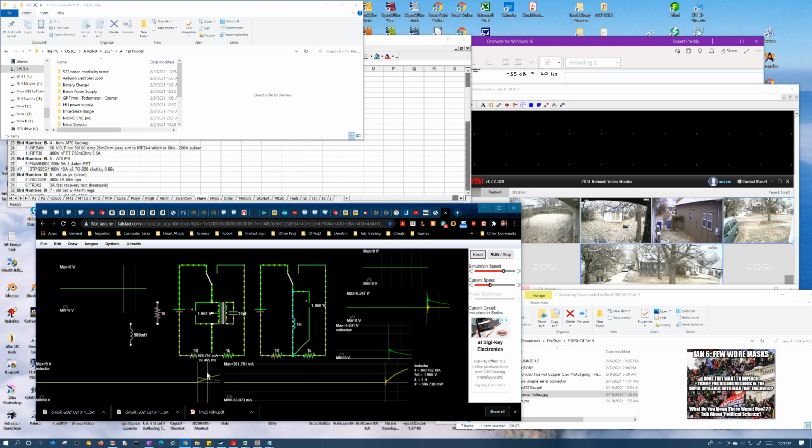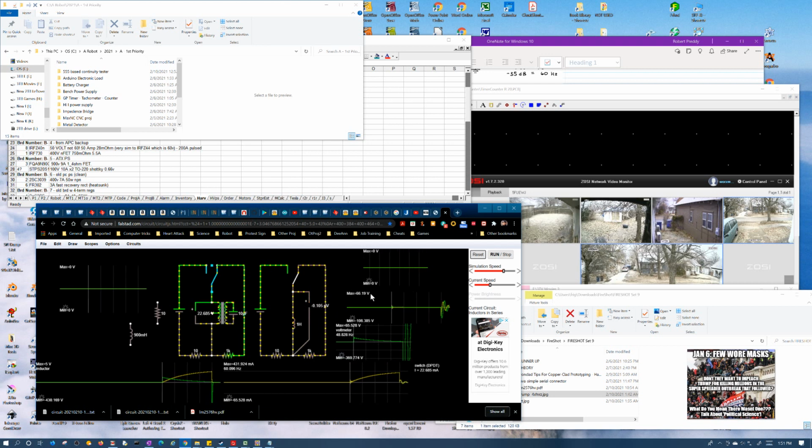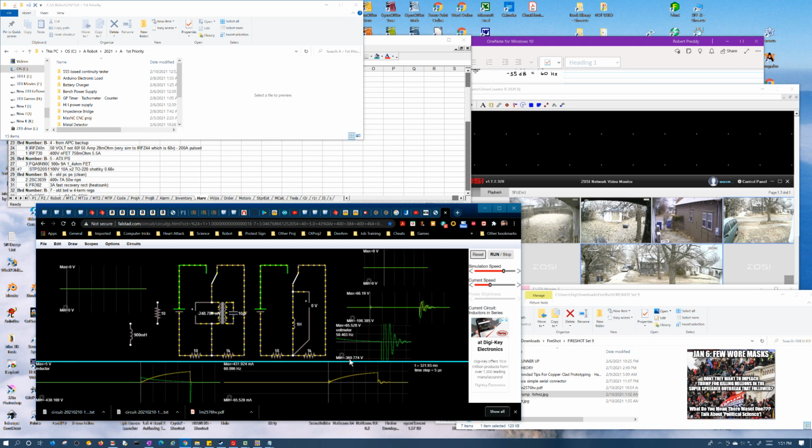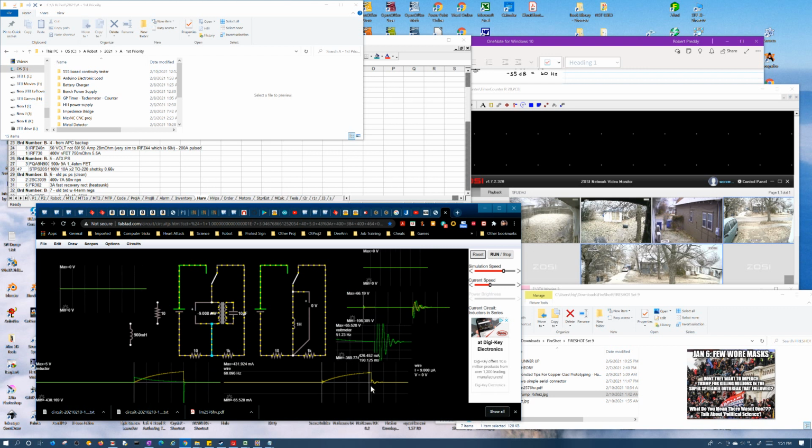I think this is the original conditions. It might have been 100 ohms here. It might have been the next level down. Okay. Yeah, so now you're starting to see an oscillatory waveform here, and here. And you see the voltages are enormous. You see oscillation here and here and here.